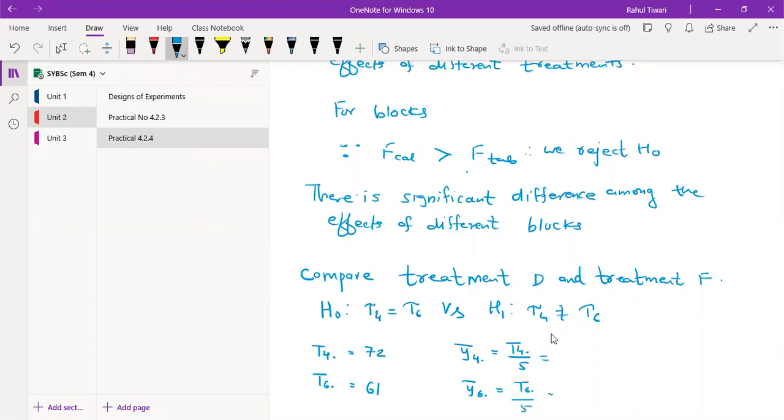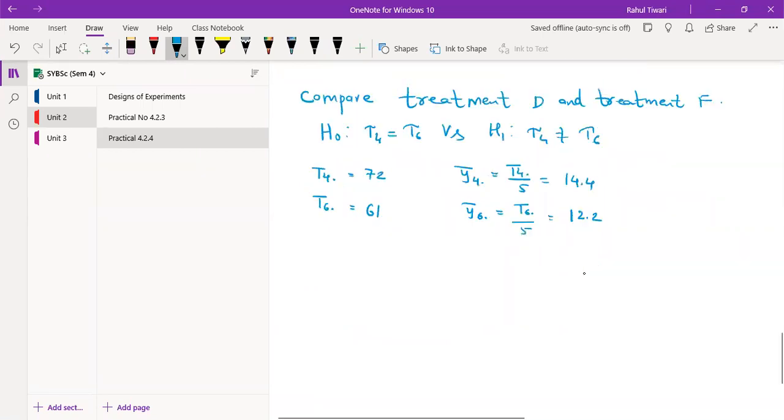When you substitute this value, we'll get 14.4 and 12.2. And then you can calculate the difference. So calculate mod of Y4 dot minus Y6 dot, which turns out to be 2.2.